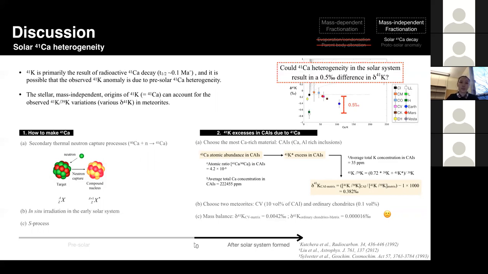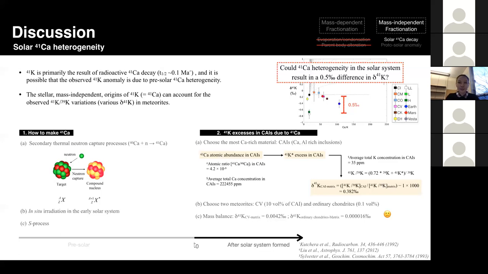We choose the most calcium-abundant material, that is CAI. First of all, we try to evaluate how much potassium-41 excess is in the CAI, how much of that excess is due to the calcium-41 decay after the solar system formed, and how much of that excess in CAI can actually contribute to the observed variation in the potassium-41 to 39 ratio. And I promise this is the only slide that has math equations, and I hope my explanation will make it easier.